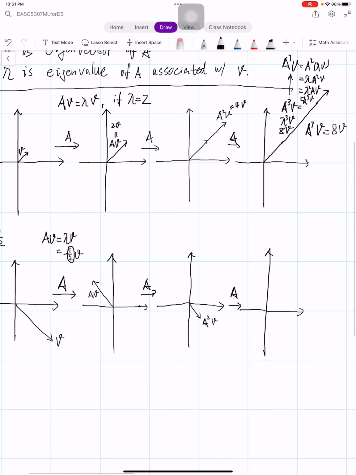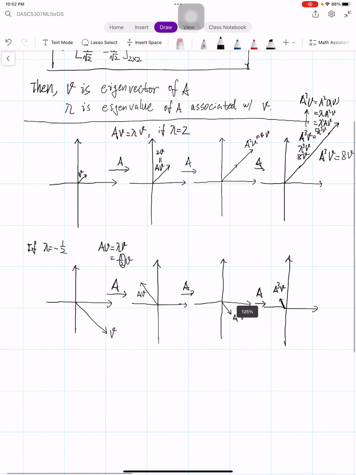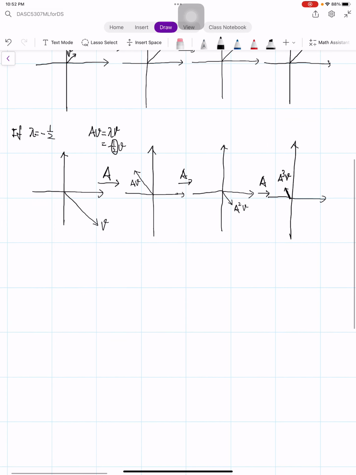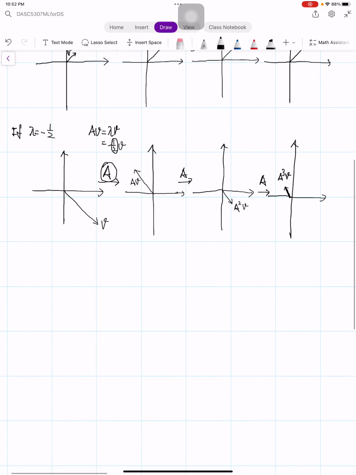You take another opposite sign, and then you take half length. So this is A cube nu. Okay, so that's the geometric interpretation of the eigenvalue and eigenvector. So that's a very unique property associated with matrix A.